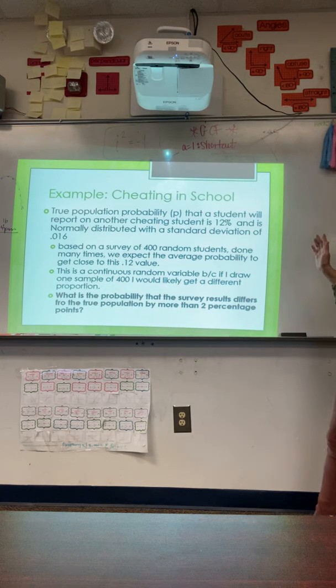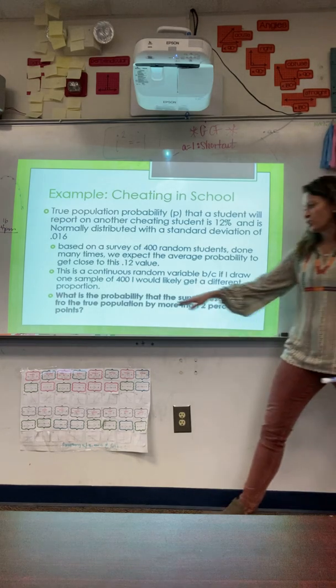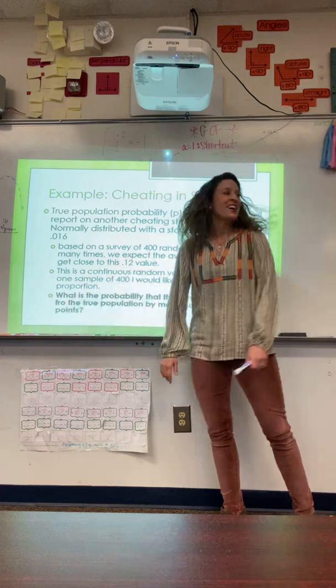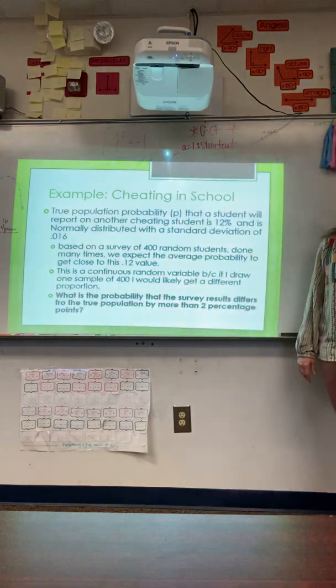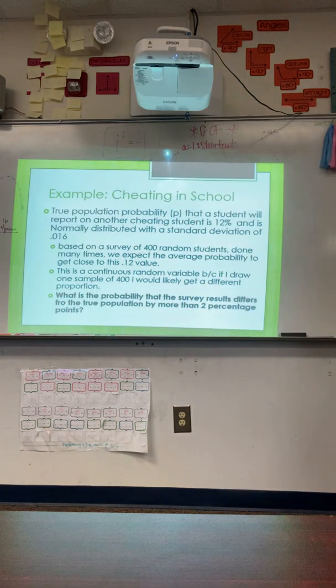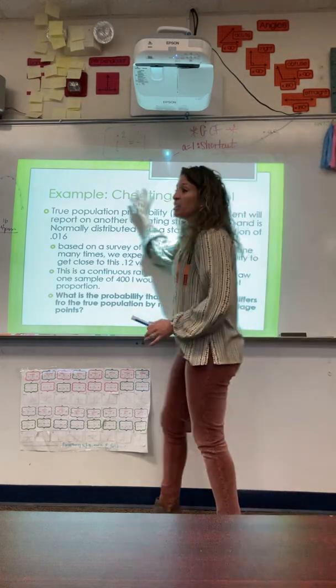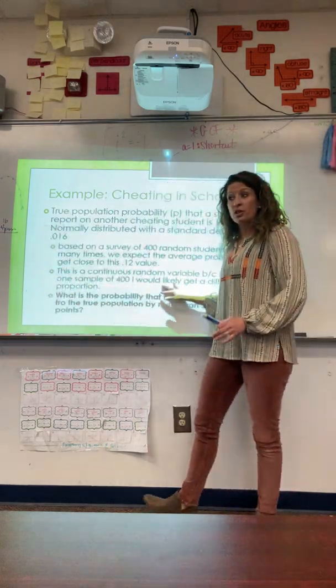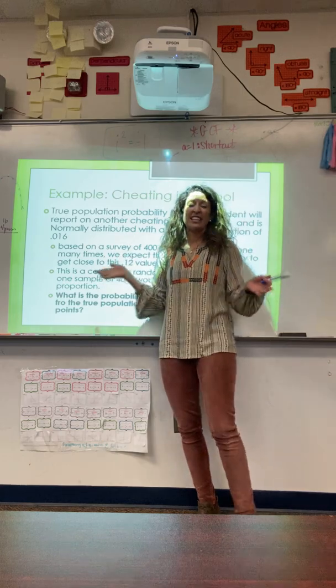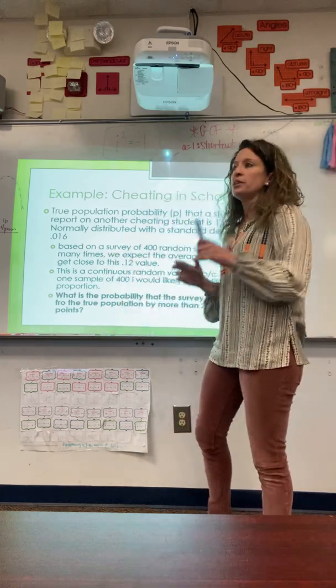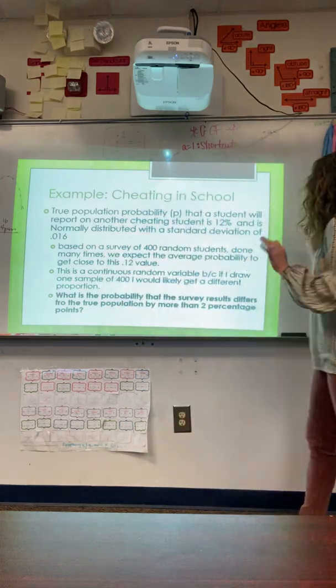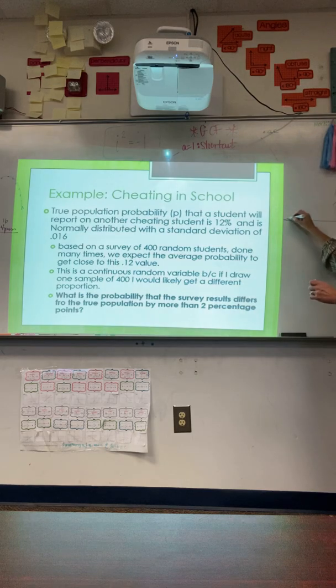Now, it says, what is the probability that the survey results differ from the true population by more than 2 percentage points? So I'm not really looking at the population here. I'm only looking at 400 people. This is actually called a sampling distribution, but they did tell me that it's normally distributed.